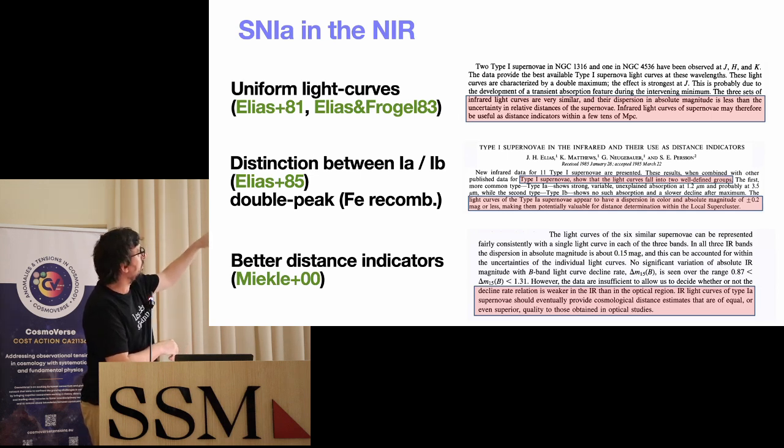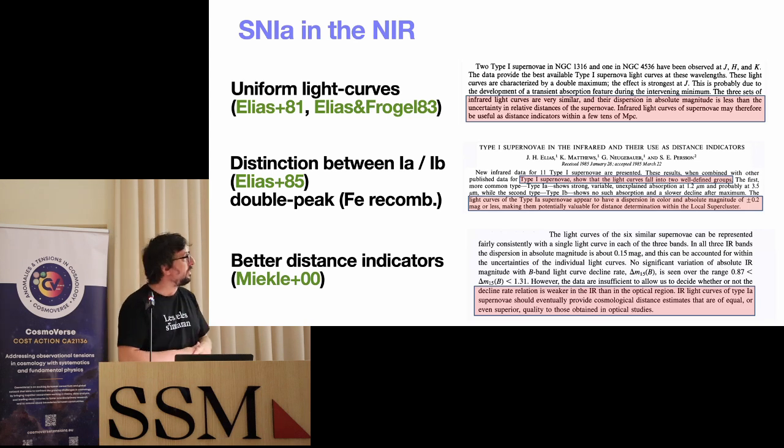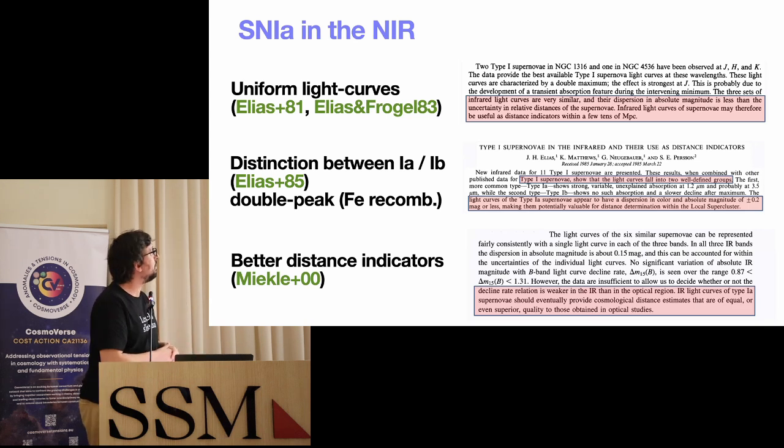In the second paper, also by Elias in '85, this is the paper where it was proposed that type 1 supernovae may need to be split into 1A and 1B. So 1B is a core collapse, and 1A actually shows a very homogeneous light curve compared to 1B, and also mentions that in the near infrared they were more clear.